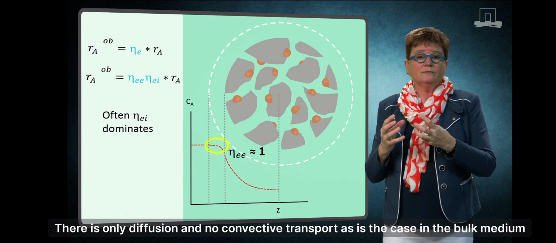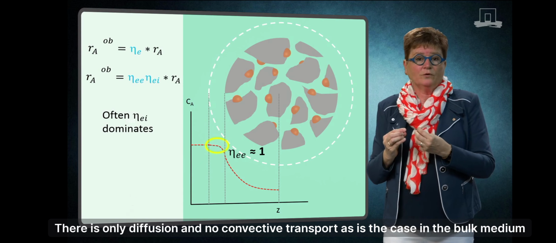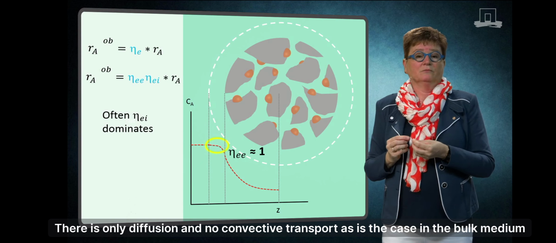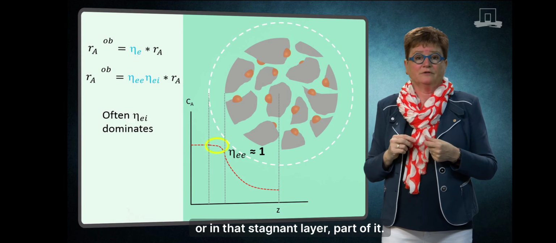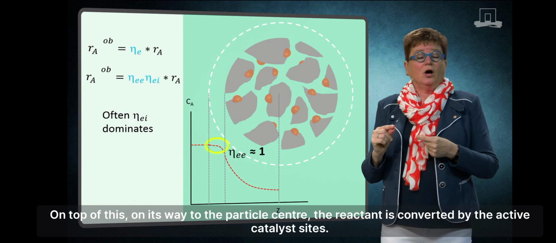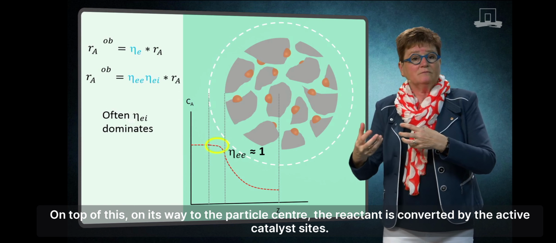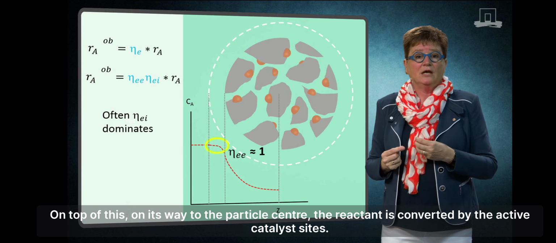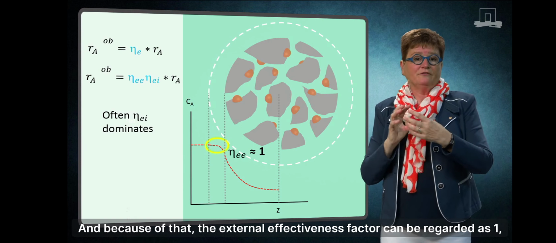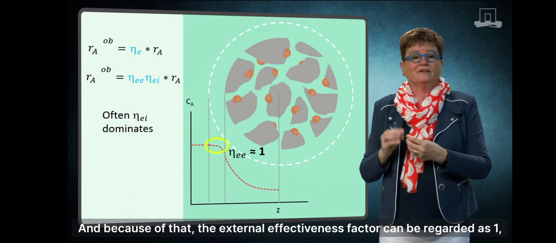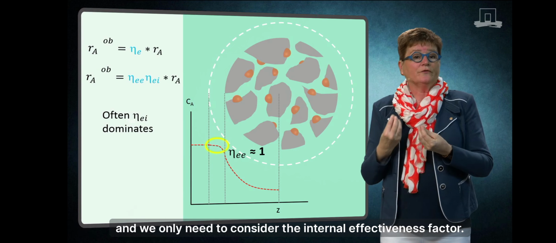There's only diffusion and no convective transfer, as is the case in the bulk medium or in a part of that stagnant layer. On top of this, on its way to the particle center, the reactant is converted by the active catalyst site.